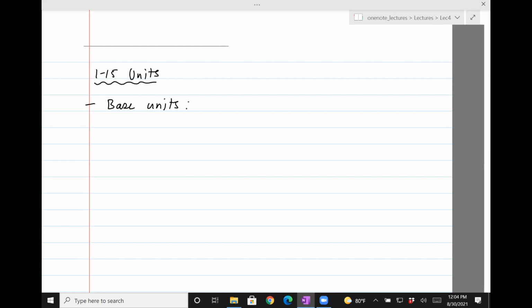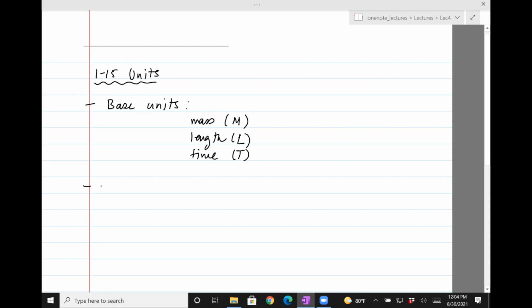So for example, one common choice of base units is mass, length, time. Let's just use M for mass, and let's not specify a specific unit, L for length, and T for time.